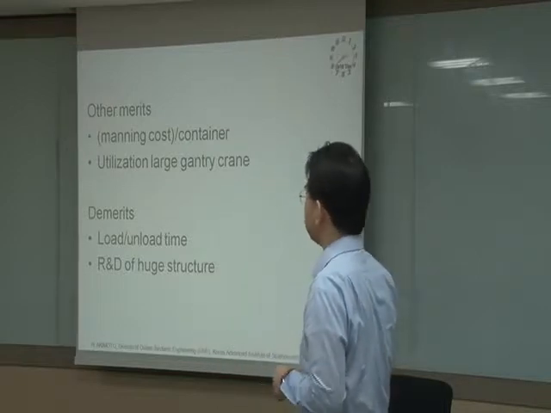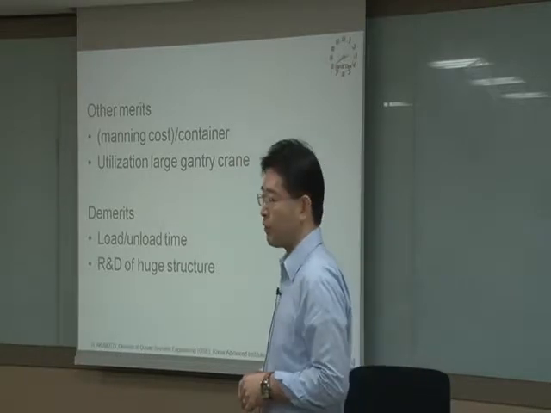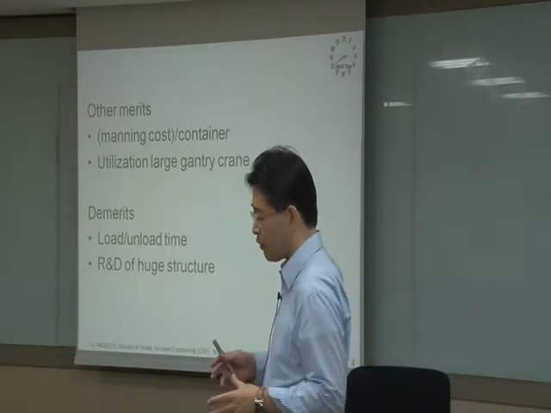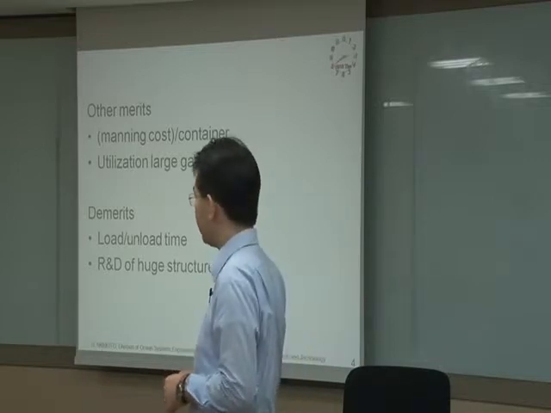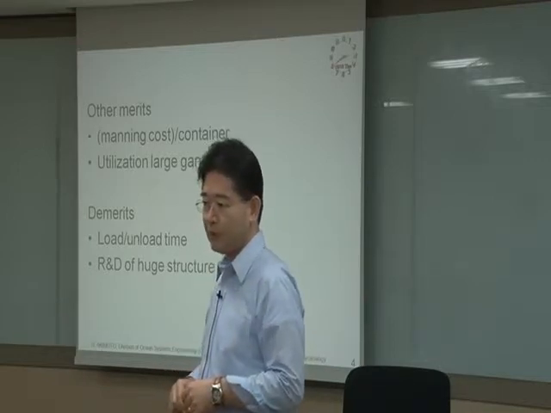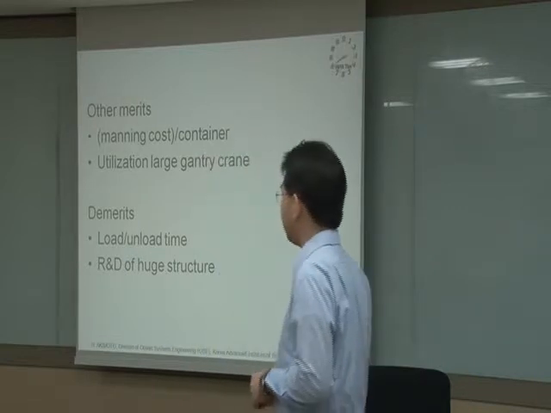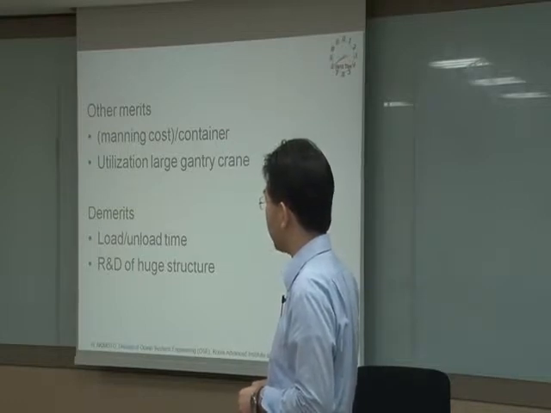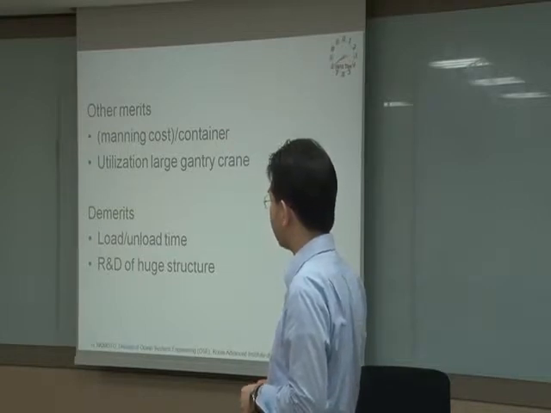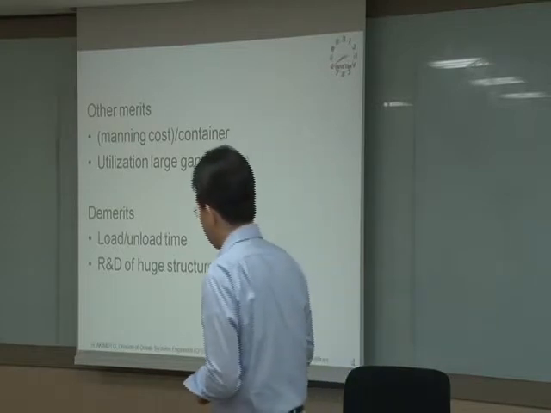Other merits of large container ship is its manning cost. Even if the size of the vessel is doubled, we don't require double the number of crew members. Also, if the container ship is big, it can utilize the largest gantry crane in the port.